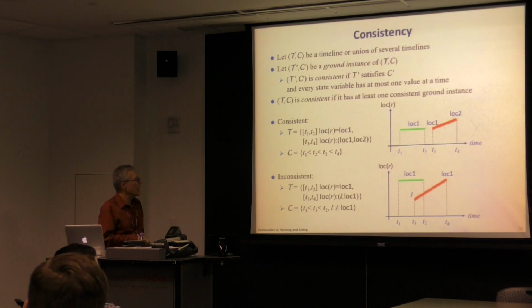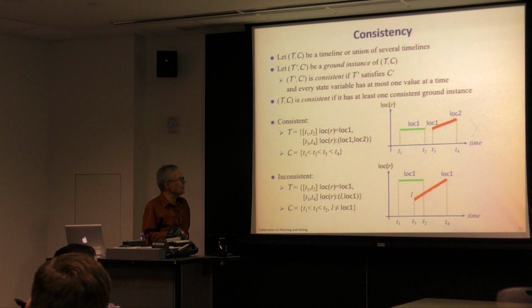Now we have the same assertions as before. We have a new constraint saying that this location and this one are different, and we've removed one of our time constraints. We no longer require T2 to be less than T3.